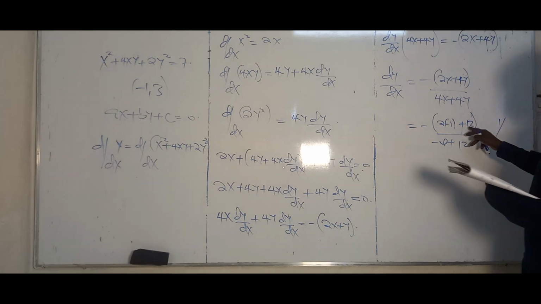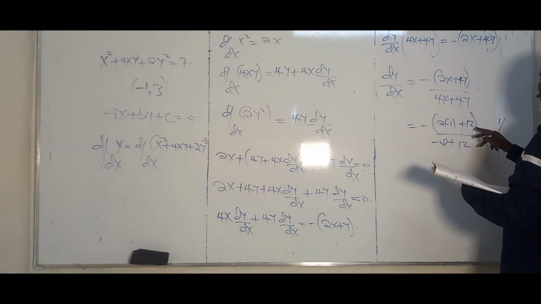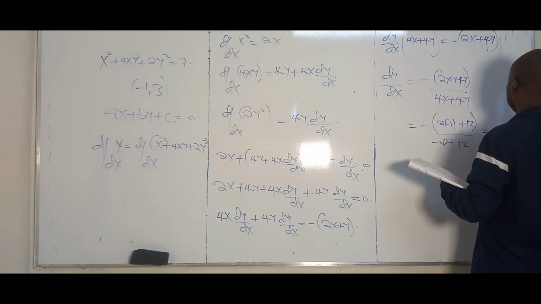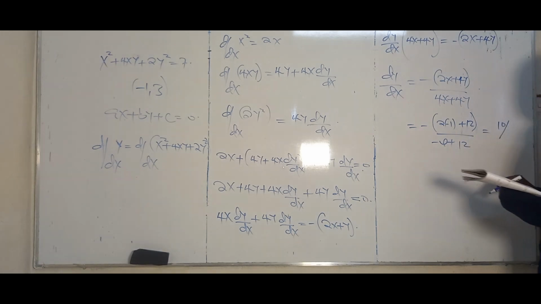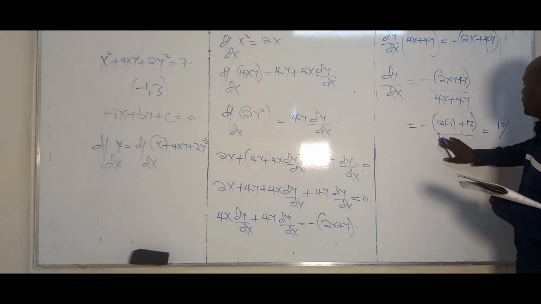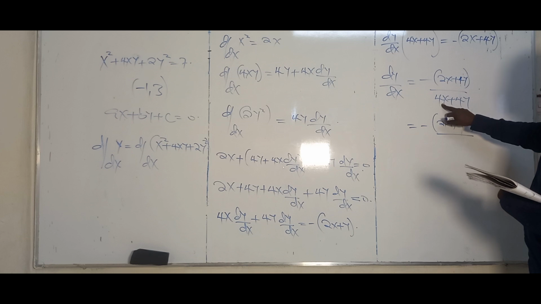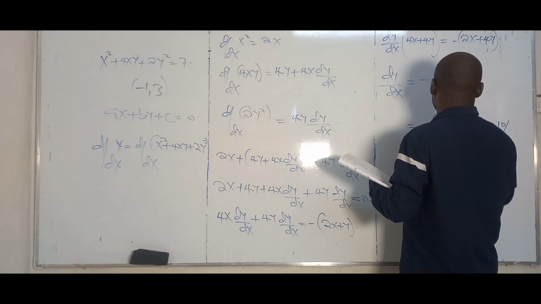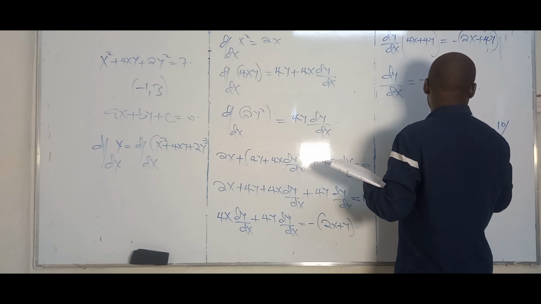this is minus 2. This now is minus 2 plus 12, which is 10, all over. Now it's 4x plus 4y. 4 times that is minus 4 plus 4 times 3, which is 12.